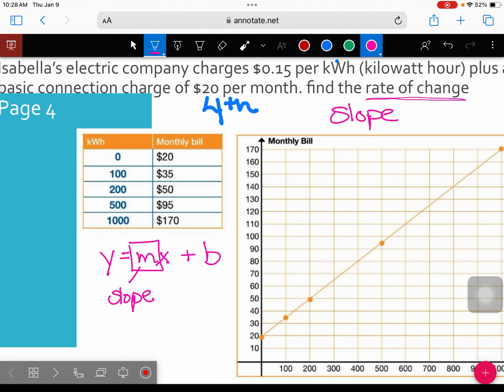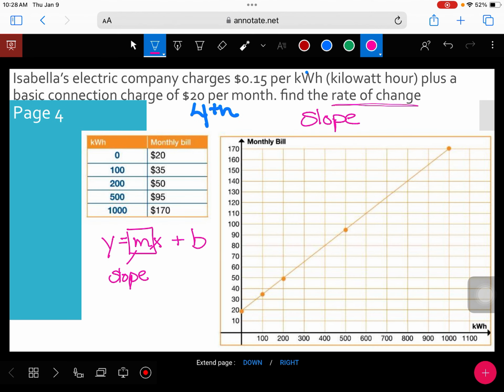Do we have y equals mx plus b? Do we have an actual equation in front of us? We could find one, yes, but do we have one? Is it right there in front of us?